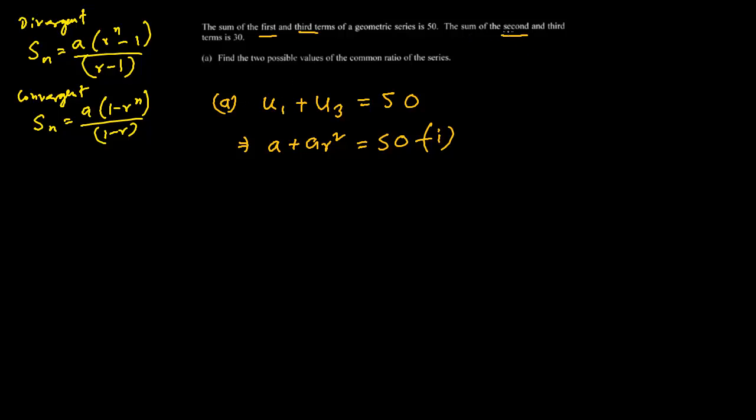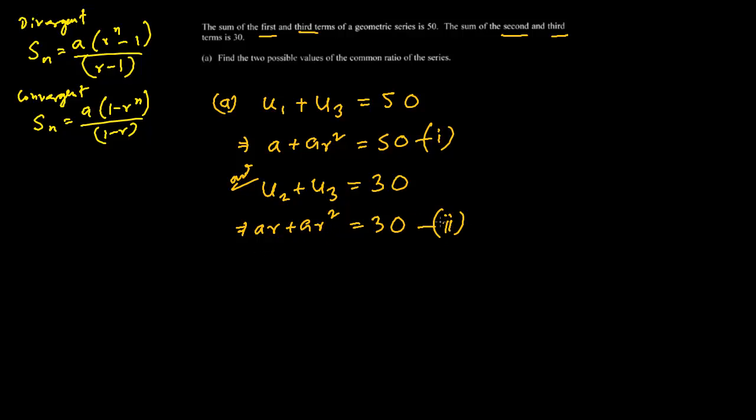Then the sum of the second and third terms, u2 plus u3, is 30. That means ar plus ar squared is equal to 30. So now we have two simultaneous equations. Now we have to find the values of the common ratio. That means we have to solve the simultaneous equations by the substitution method.